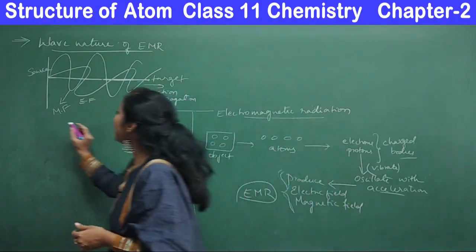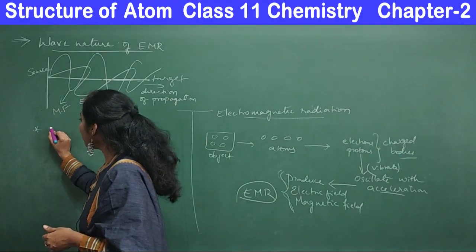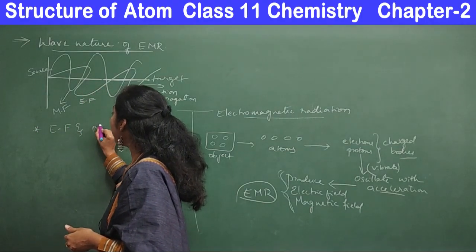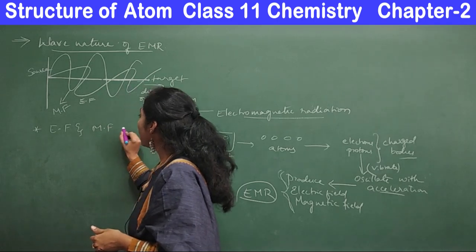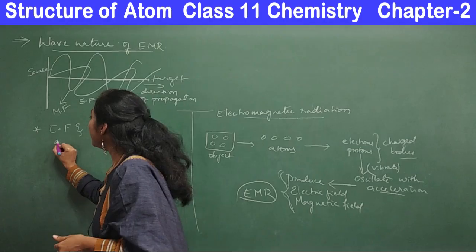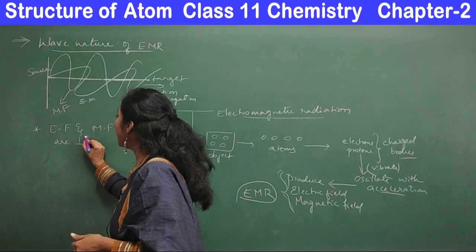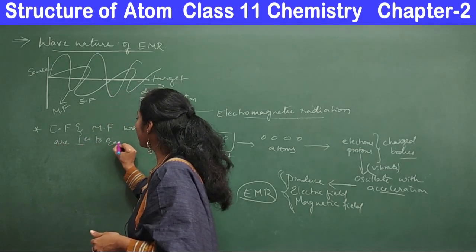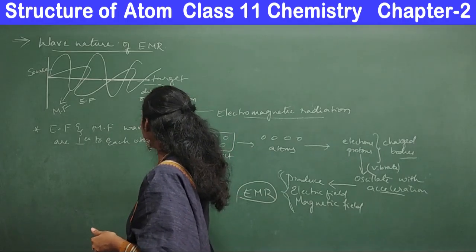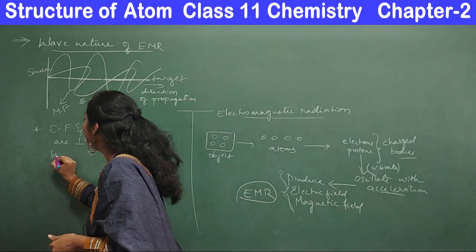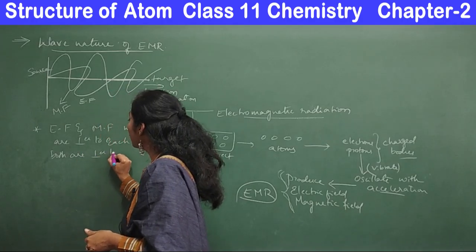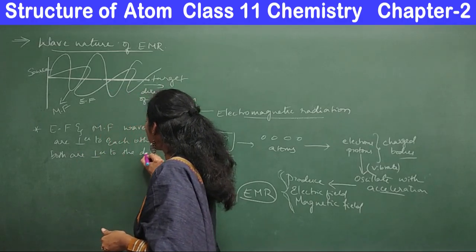Clear? Let me write that point here. Electric field and magnetic field waves are perpendicular to each other, and both are perpendicular to the direction of propagation.